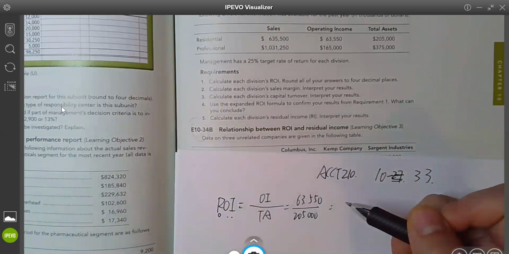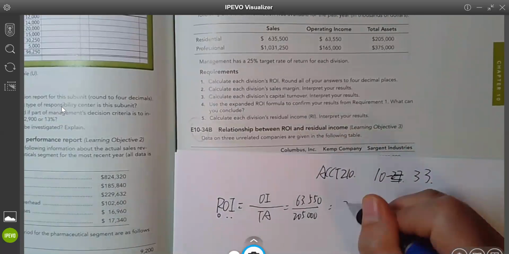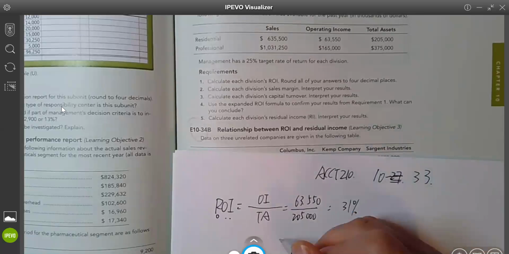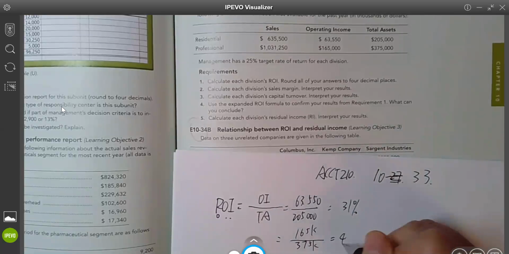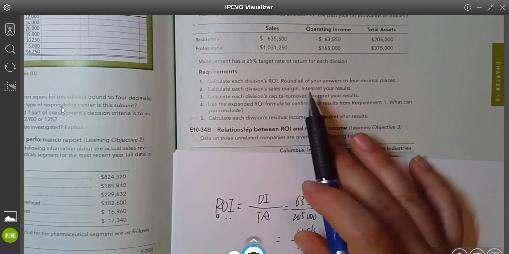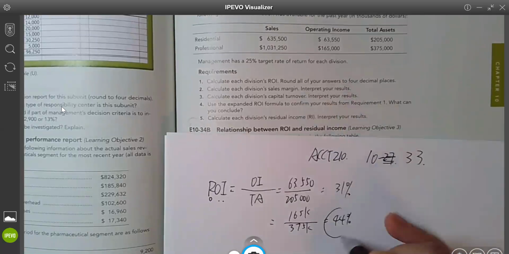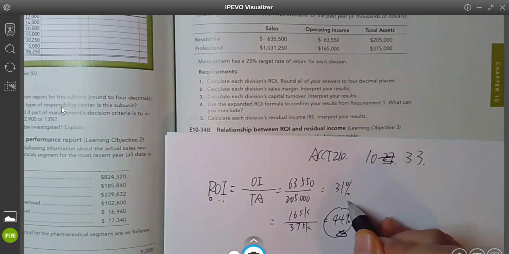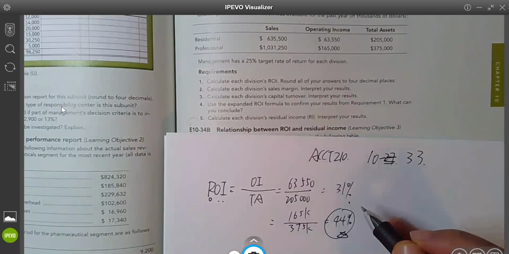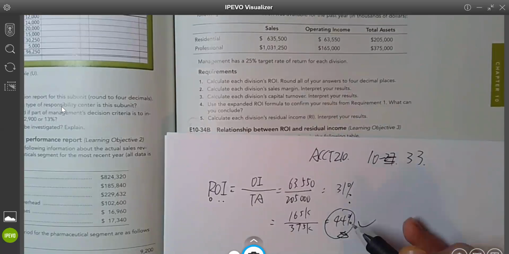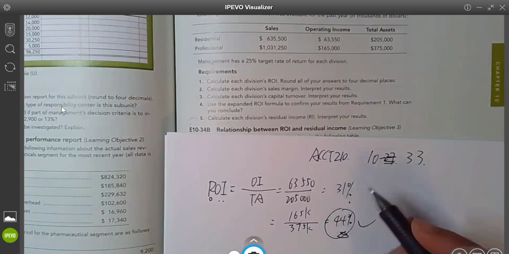So you got the first one, ROI is 31% for the residential, and then for professional it is 165,000 over 375,000. You got 44%. And then it asks how do you interpret. We said that the professional is a little bit higher than the residential. We said for ROI a higher number is better, so professional is better than residential.